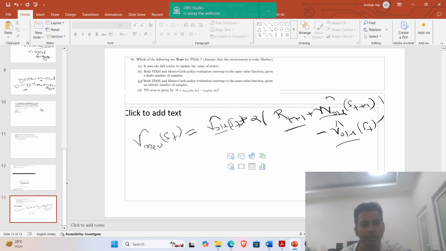So both TD0 and Monte Carlo policy evaluation converge to the same function given an infinite number of samples. This one is correct. This B part becomes automatically wrong. Why do they converge to the same value function? The important thing to understand here is that TD0 follows the Markovian property and it makes accurate estimation between two states, but on a larger scale it may fail given a small number of samples. If a large number of samples are given, TD0 works as well as Monte Carlo policy evaluation.